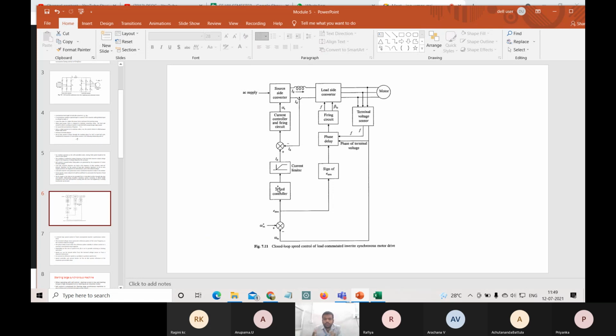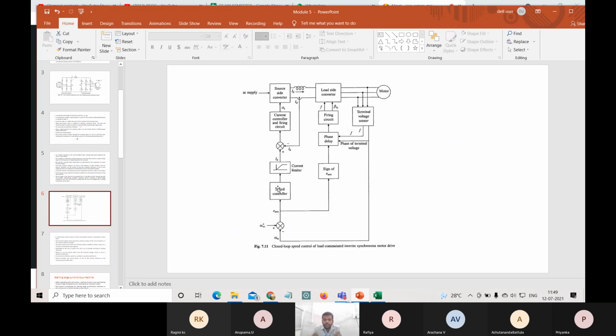Because of the regenerative action, the motor starts decelerating. So when the speed error changes sign from positive to negative, the motoring action is converted into braking action. After that, the motor settles at the desired speed value.